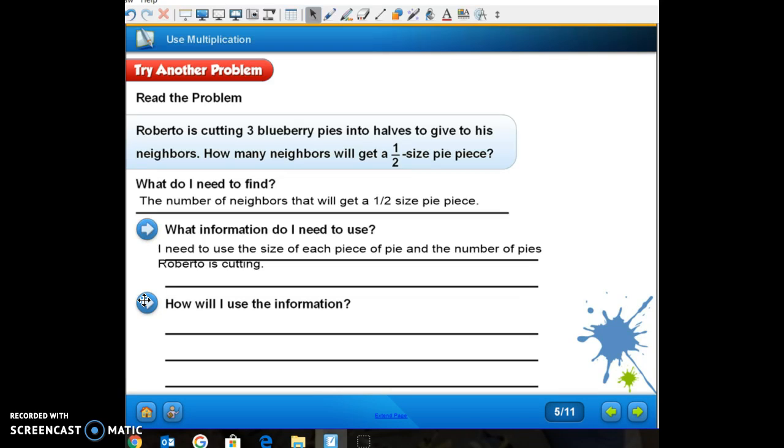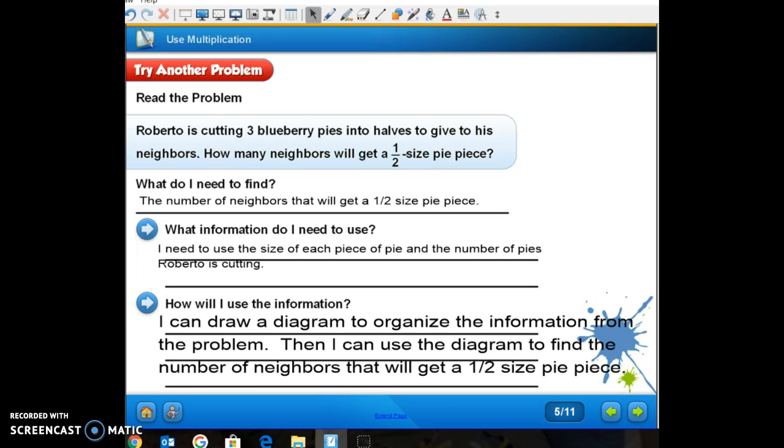To draw a diagram to organize the information from the problem. Then I can use the diagram to find the number of neighbors that will get a 1/2 size pie piece.